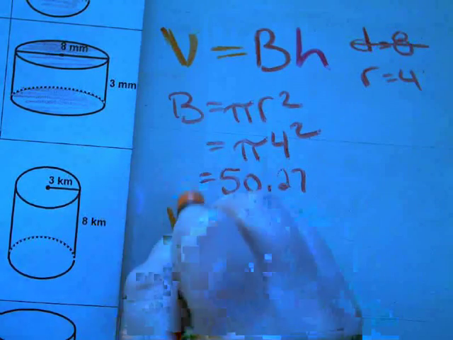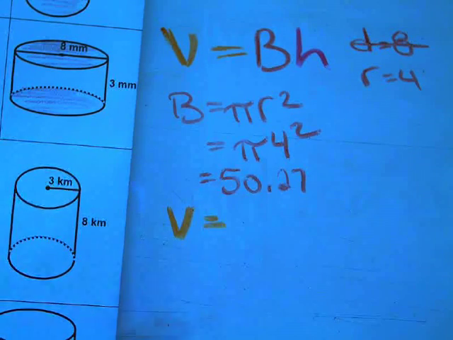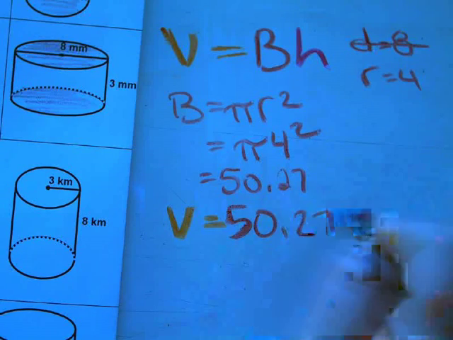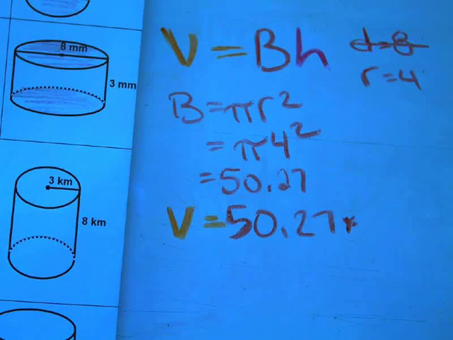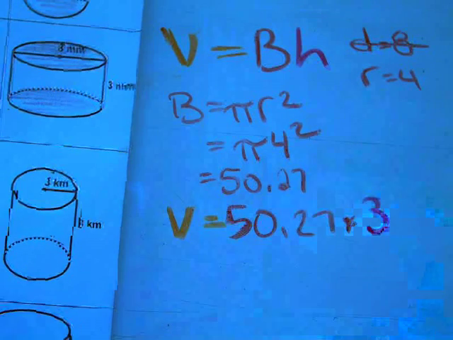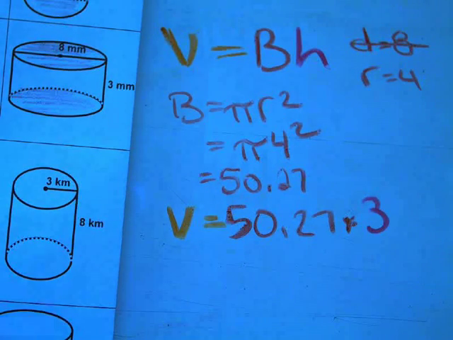And then I'm going to plug that in. So now I have volume equals 50.27 times the height, in this case 3, and I'm going to multiply times 3.